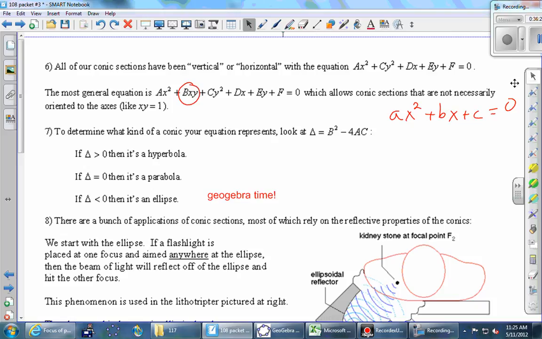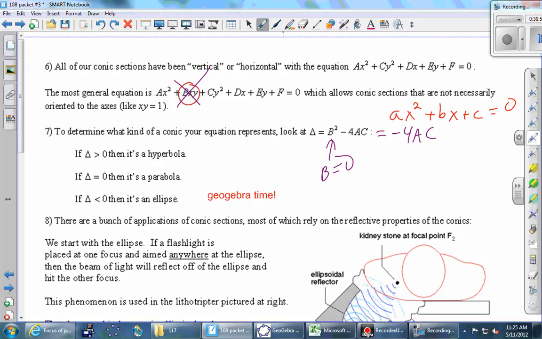All right, so let's take a look at something. What if we just temporarily assume that B is 0, which is the thing we've been doing the whole time because we never had an XY term floating around. So if B is 0, then the only thing I care about here is this negative 4AC. And I said something the other day. I said if A and C have the same sign, then it's an ellipse.